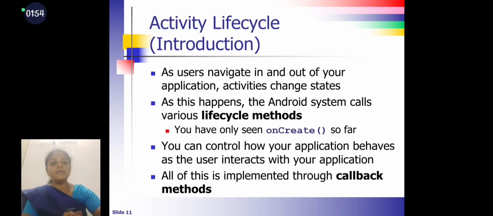Activity lifecycle. As users navigate in and out of the application, the activities change their states. As we have seen in the lifecycle methods, the methods are called and called back.